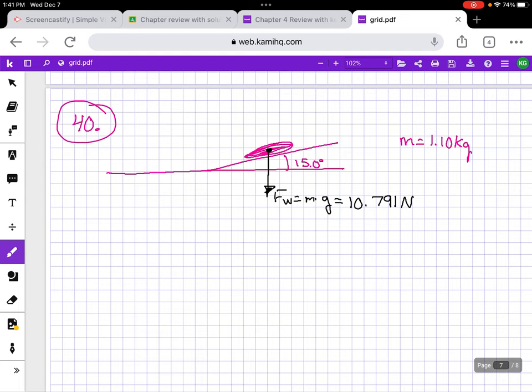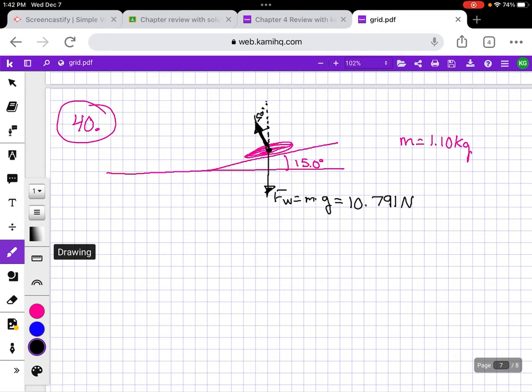All right, and force normal, remember, isn't going to be straight up. It's going to be at a slight angle, in fact a 15 degree angle off of vertical. So this is 15 degrees, and that is the force normal that we're looking for.